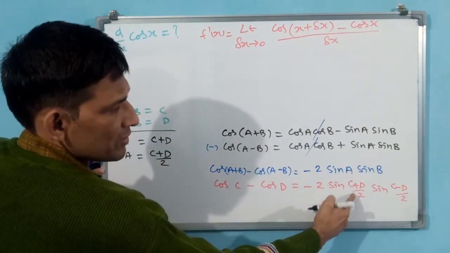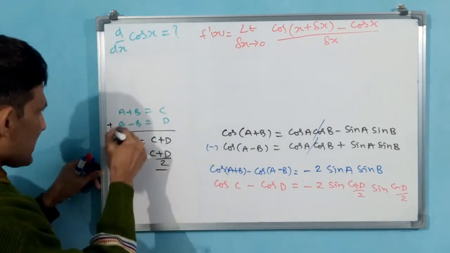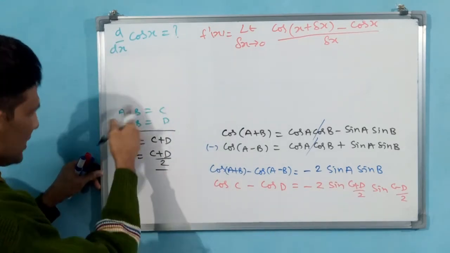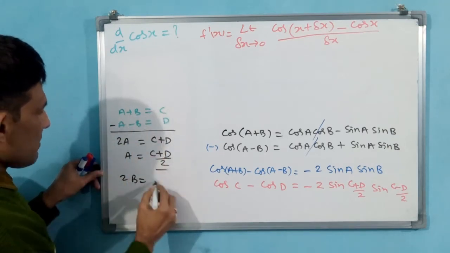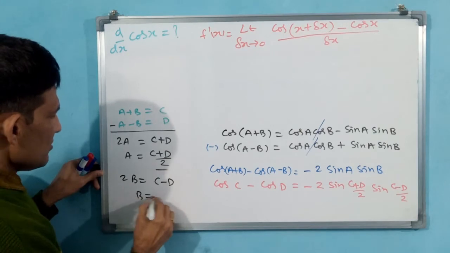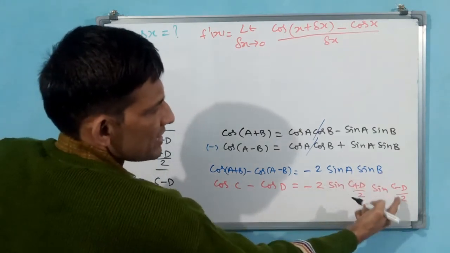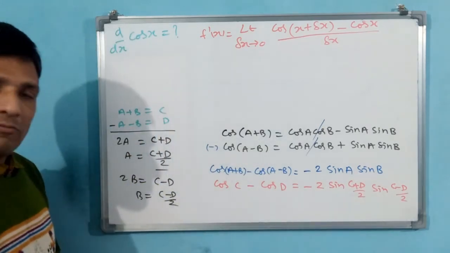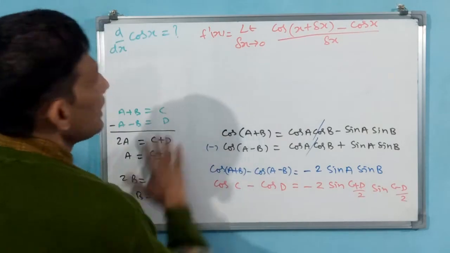And also if you subtract, A is going to get cancelled, B minus of minus means 2B is equal to C minus D, so B is equal to C minus D by 2. Now I am going to use this formula.